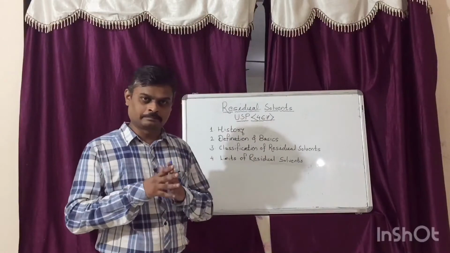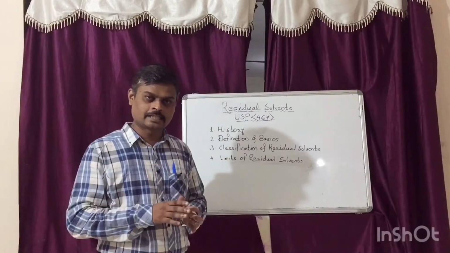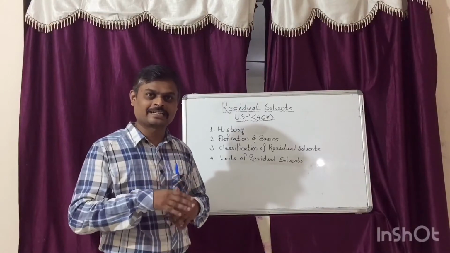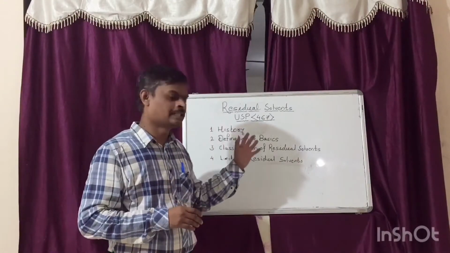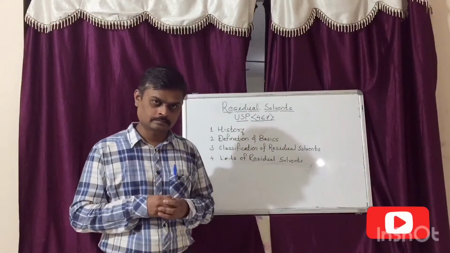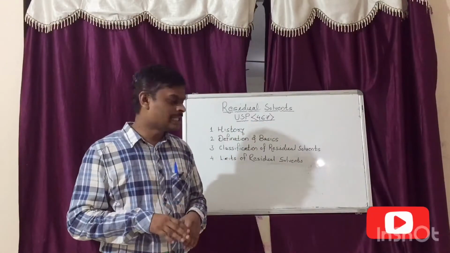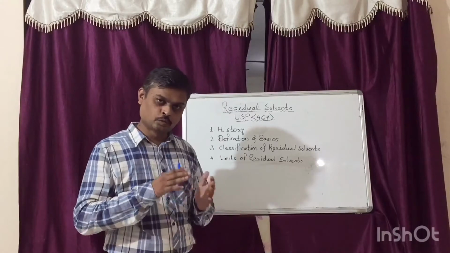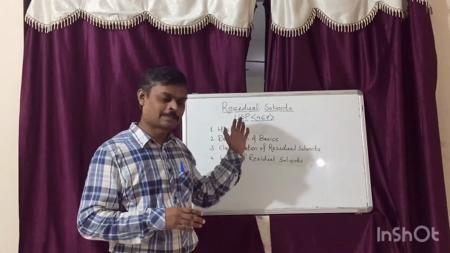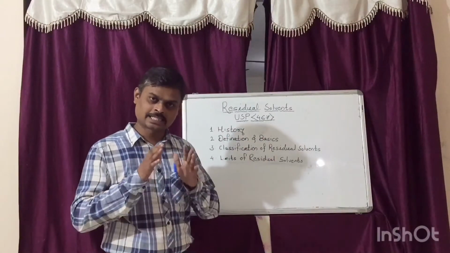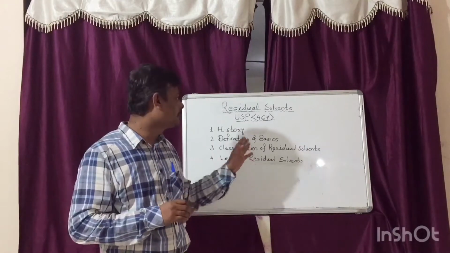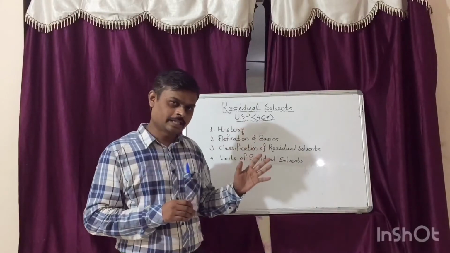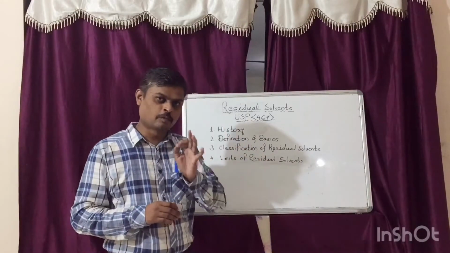In the meantime, ICH also published their guideline, that is ICH Q3C on residual solvents. The requirements mentioned in ICH Q3C and USP 467 are similar. However, there is a slight difference between ICH Q3C and USP 467.